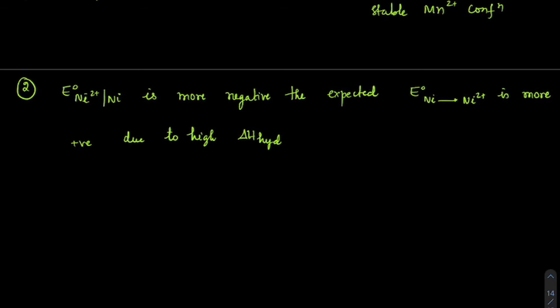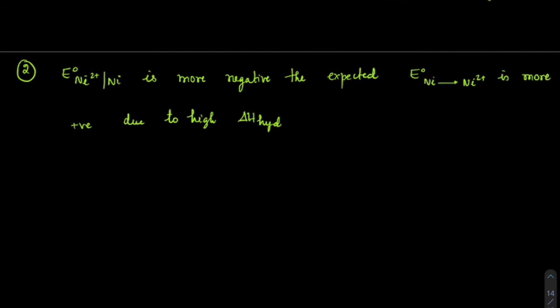Got it? In all 3d elements, if you see, Ni+2 and Cu+2 have very high delta H hydration. So it has a very high value of delta H hydration in the 3d series. Hence, because of which you would see there is a small decrease in that value.